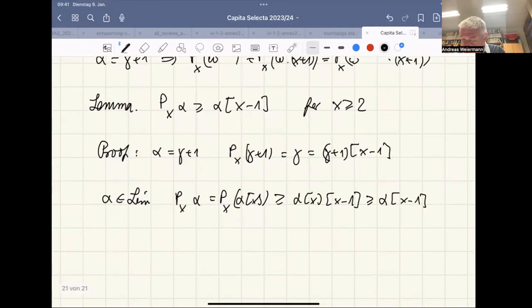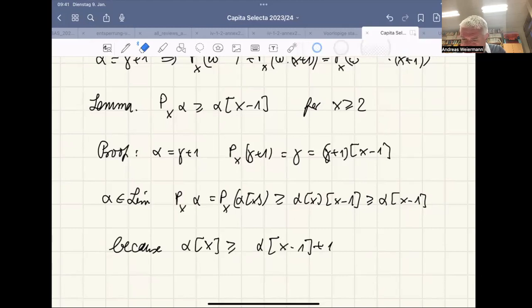And the reason is because we step down from alpha x, and then this steps down at 0 to alpha x minus 1 plus 1. Maybe I need here index 1, but it doesn't matter that much.